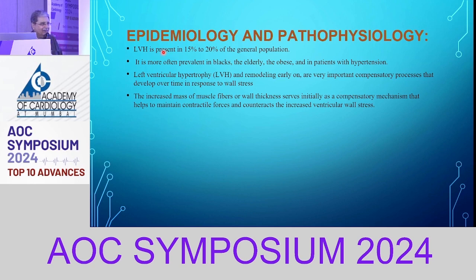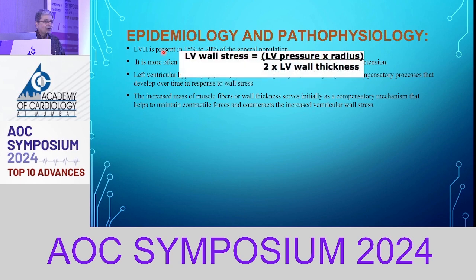Now, why is it a compensatory mechanism? Because of Laplace's law, which says that if you have pressure within the ventricular walls, the wall stress is inversely proportional to 2 times the thickness. So nature thinks, I increase the thickness, the wall stress comes down.